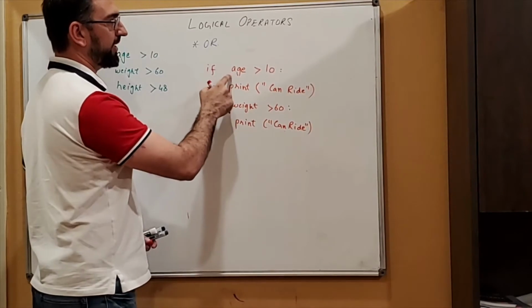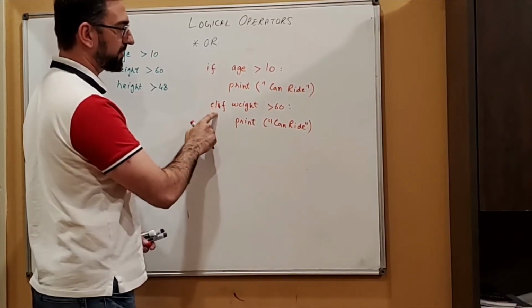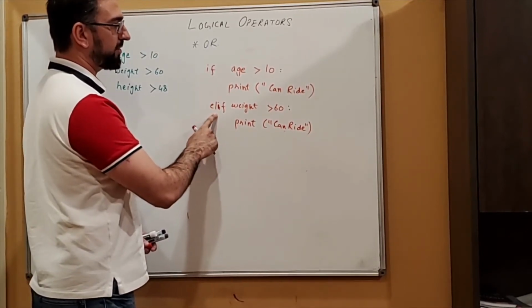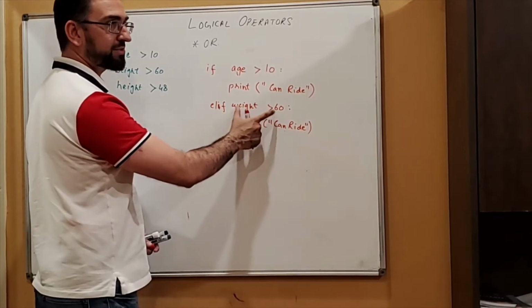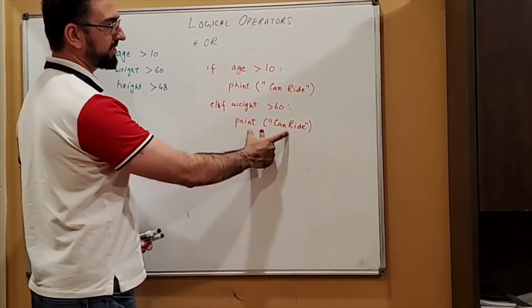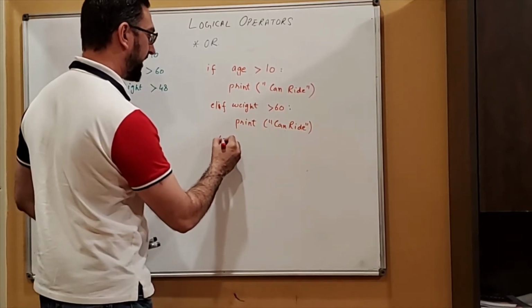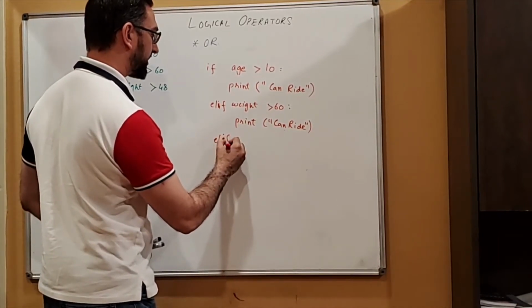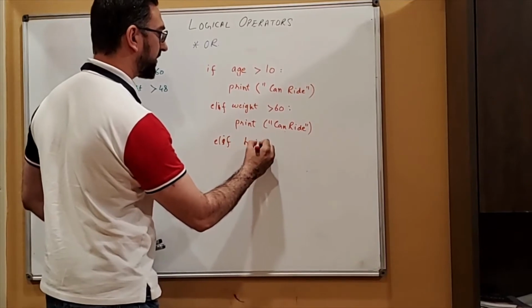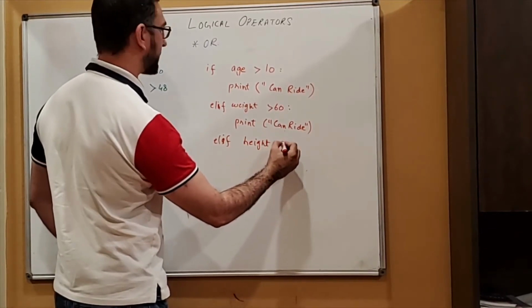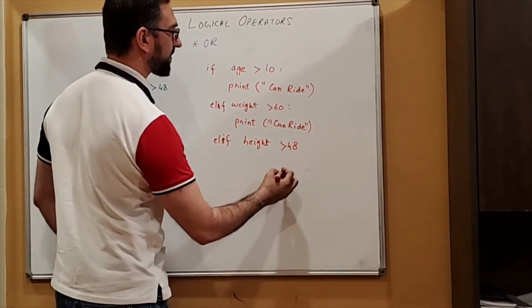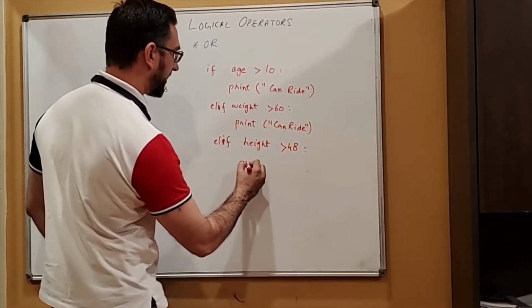So if you see, if age is greater than 10, it will go ahead and print this. Or if age is less than 10, it will keep on going, and it will try to evaluate weight. If weight is greater than 60, it will still allow them to ride. And if weight is less than 60, we have another criteria, which is height. If height is greater than 48, it will go ahead and allow them to ride.